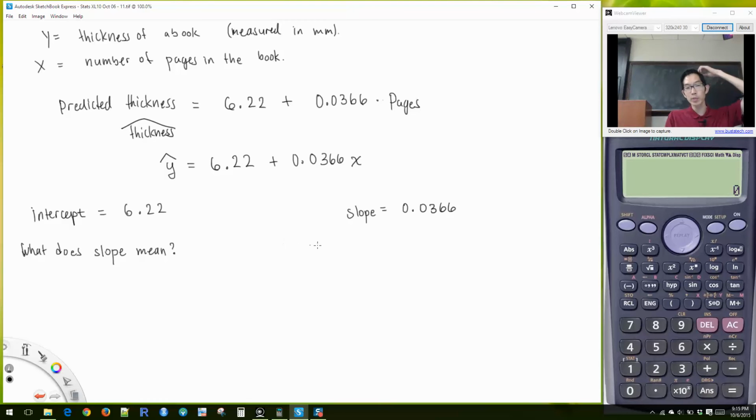So remember, we're trying to relate the number of pages to the thickness. So the slope relates x to y, or in our case, it relates pages to thickness.